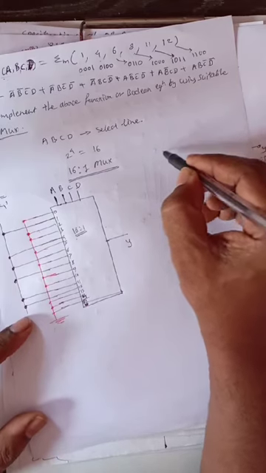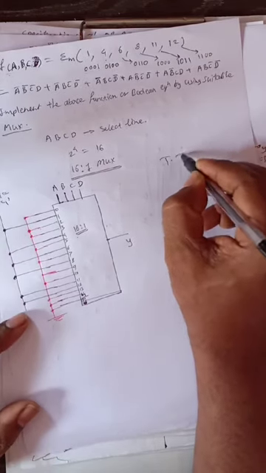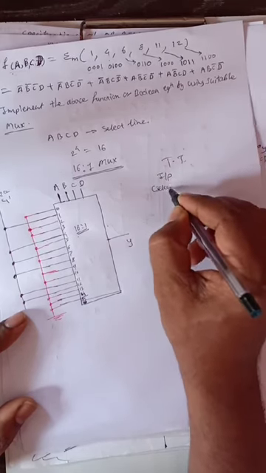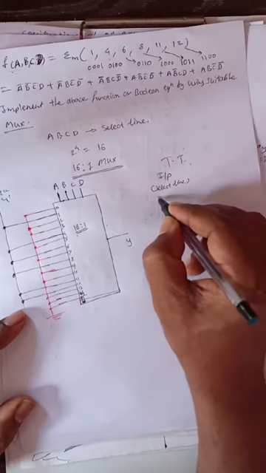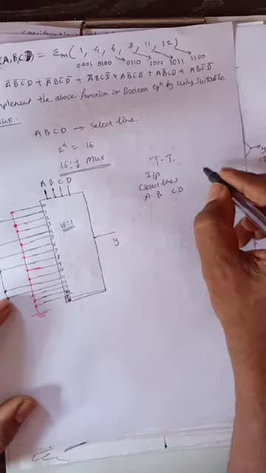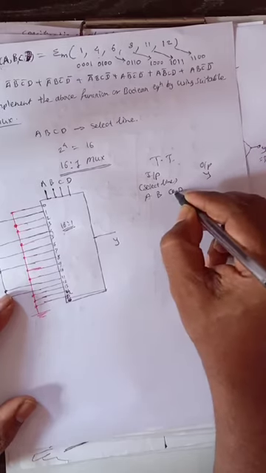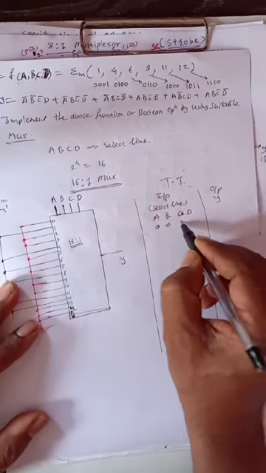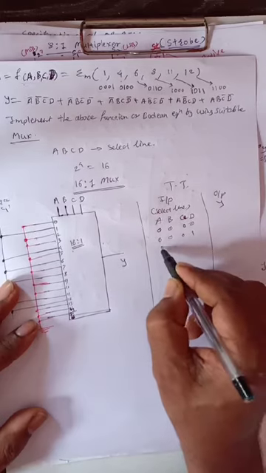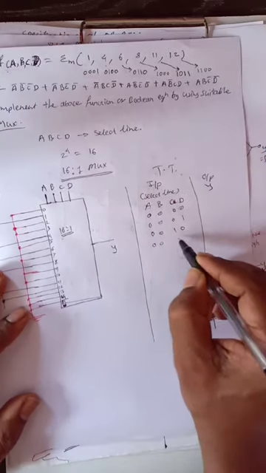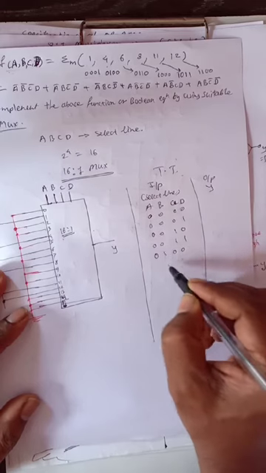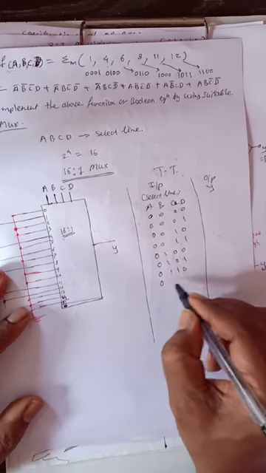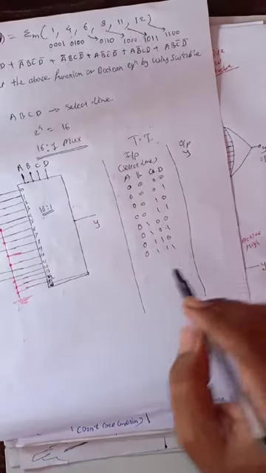Now you have to write the truth table. It has the inputs, that is the select lines A, B, C and D, and the output Y. You have to write all combinations: 0 0 0 0, 0 0 0 1, 0 0 1 0, 0 0 1 1, 0 1 0 0, 0 1 0 1, 0 1 1 0, 0 1 1 1. How do you write it? I told you 8 4 2 1.